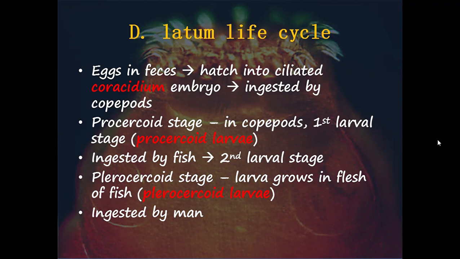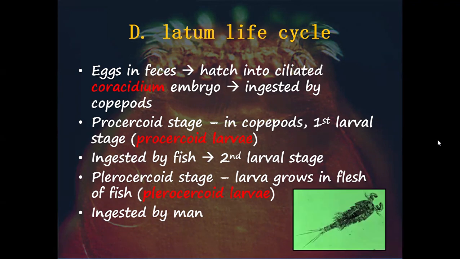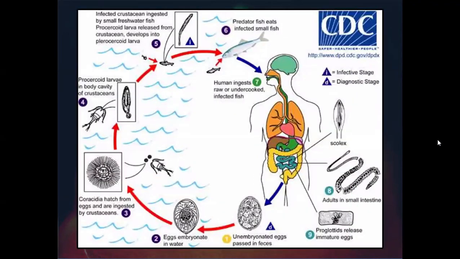So the infective stage for D. latum to its definitive host is a plerocercoid larvae. Okay, I hope you get that. Okay, so that's a picture of a copepod. And this is from the CDC, the short life cycle of your D. latum.